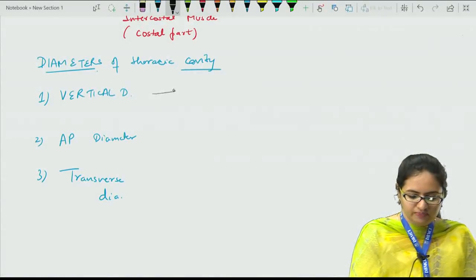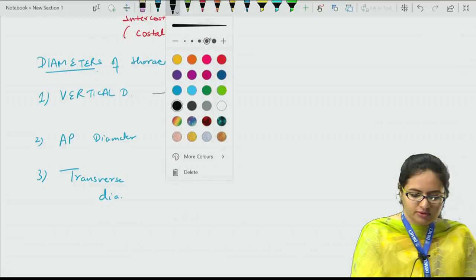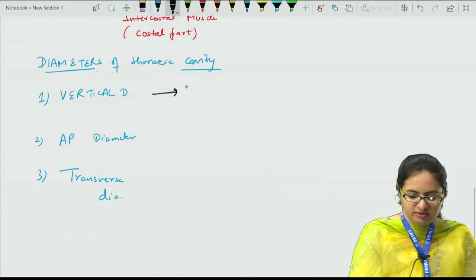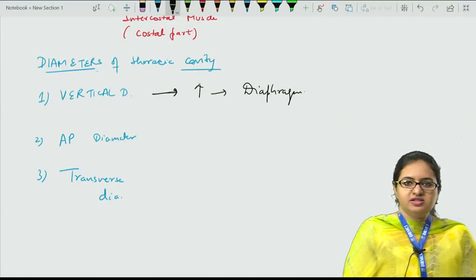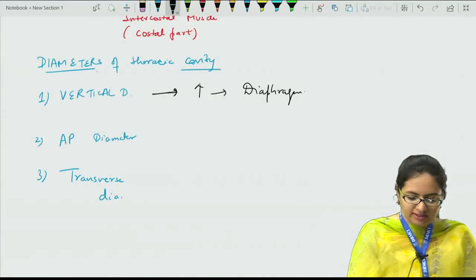The increase in the vertical diameter is due to the contraction of the diaphragm. As the diaphragm muscle contracts, it descends downward and increases the vertical diameter.